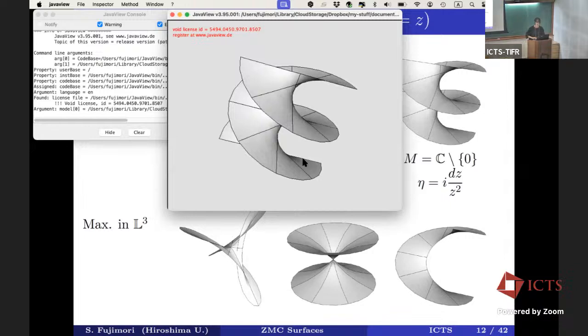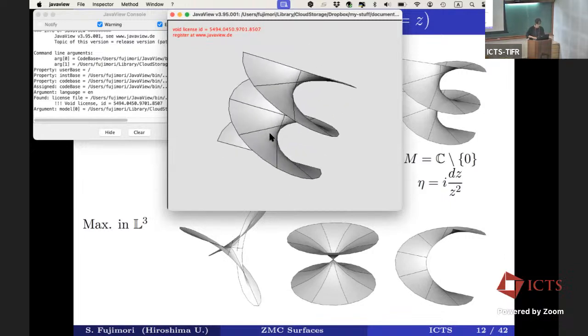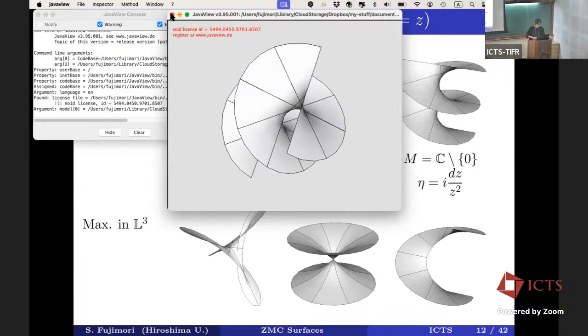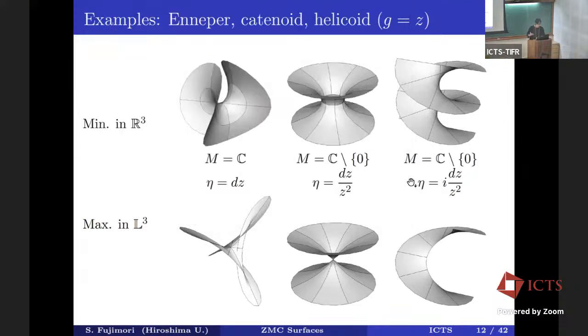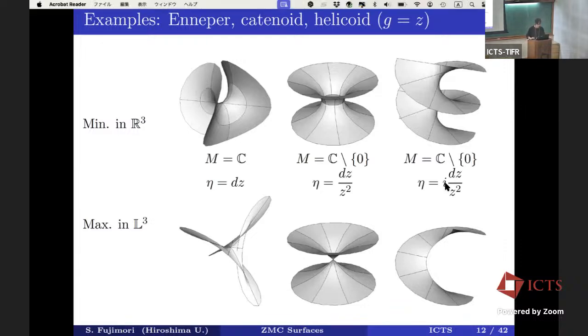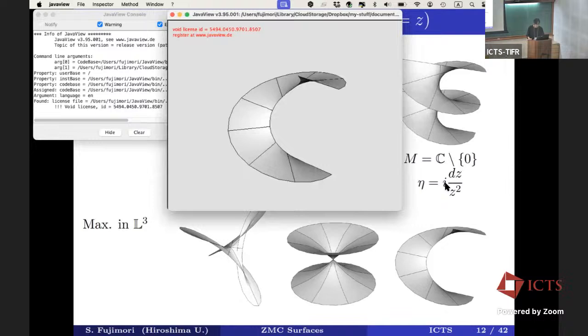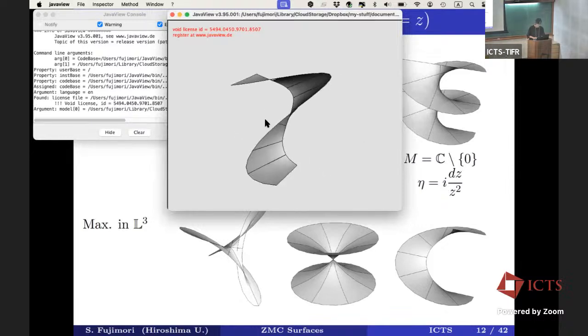We see the helicoid here. So what happens for the conjugate surface of the maximal catenoid is the maximal helicoid. Okay, so it looks like this.